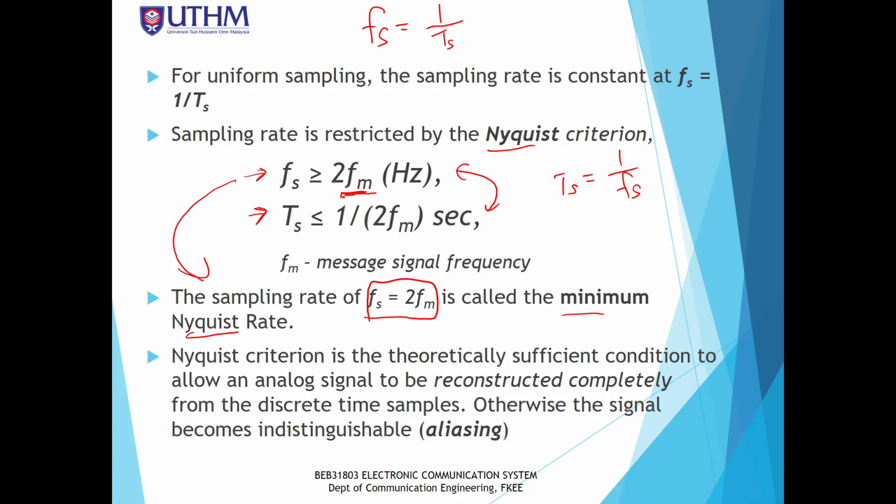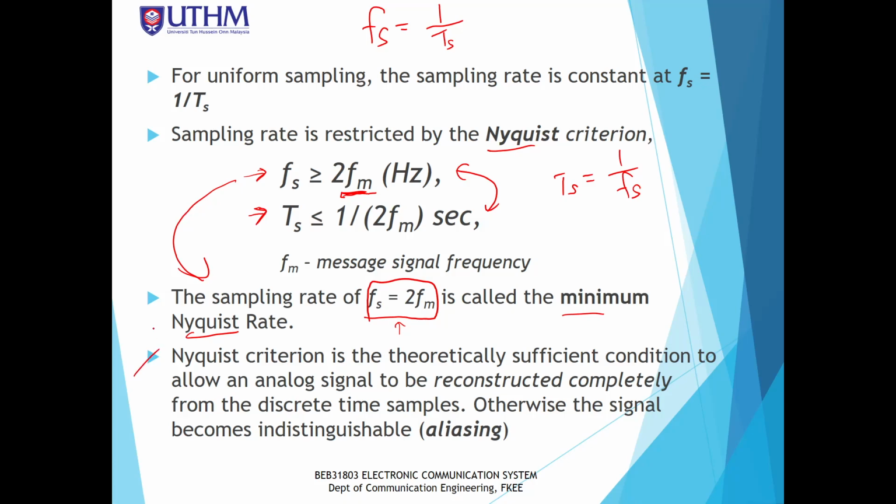The higher the sampling rate, the better, because we can produce more accurate output. However, as I mentioned earlier, it will consume a lot of bandwidth. So there must be a give and take between the sampling rate and the bandwidth requirements.